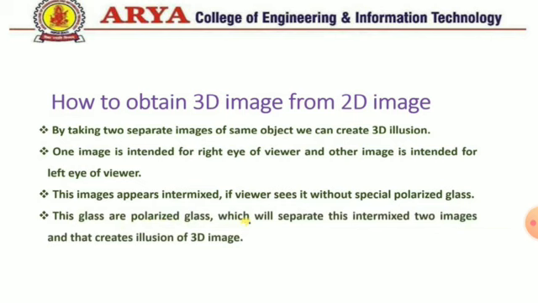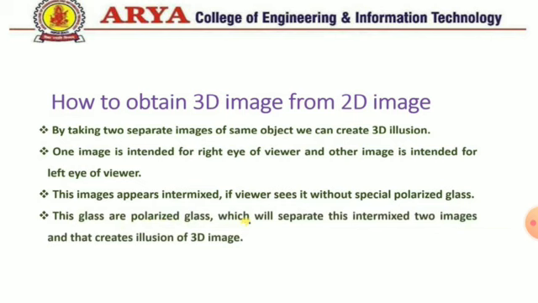Two separate images are there, and by merging these two images we can create a 3D illusion. One image is intended for the right eye of the viewer and another image is intended for the left eye of the viewer.